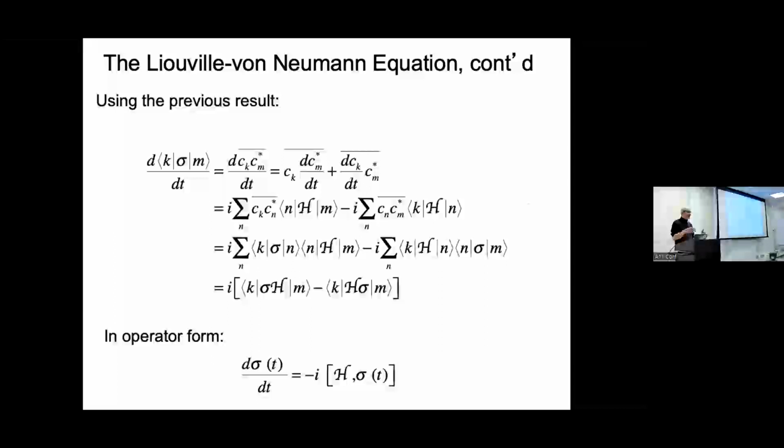But the violations of the Heisenberg uncertainty principle scale as 1 over the square root of the number of particles. So when we have 10 to the 17th particles, the violations of the Heisenberg uncertainty principle are not important.